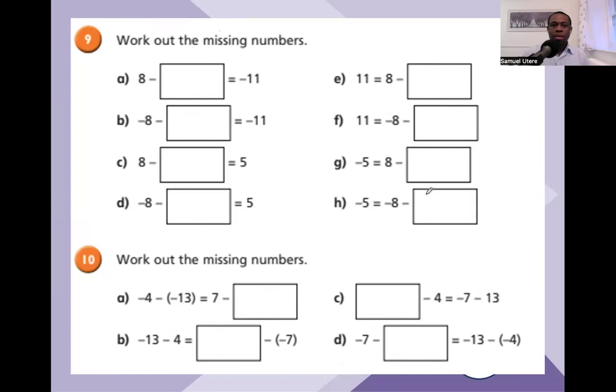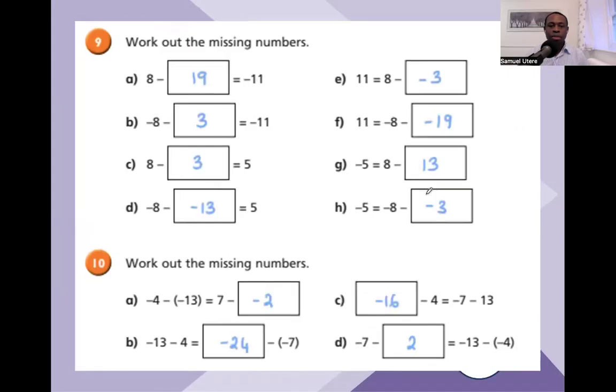All right. Assuming you've paused the video, here are the answers. So for this one, you're being asked that 8 subtract a number gives you negative 11. Now, one way to do this is to do the inverse operation.